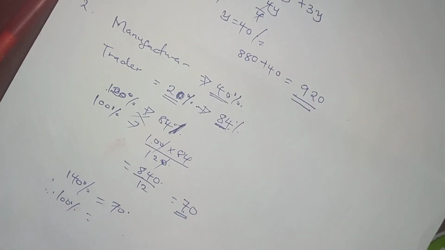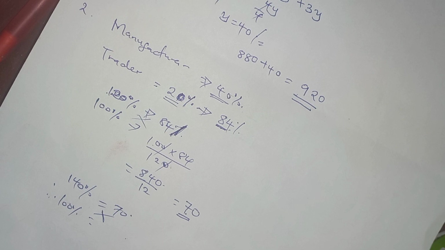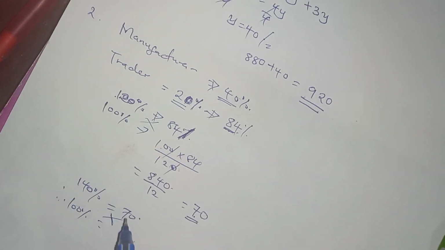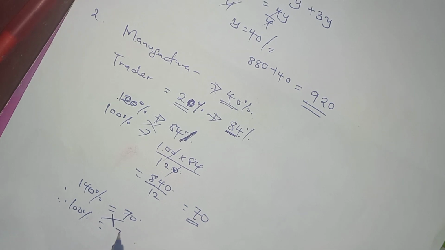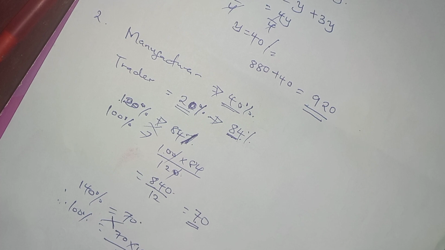If we want to get the buying price of the manufacturer, we'll take not the buying price, but the cost of manufacturing, because a manufacturer normally manufactures there. So the cost of production for the manufacturer will be 70 times 100 divided by 140.